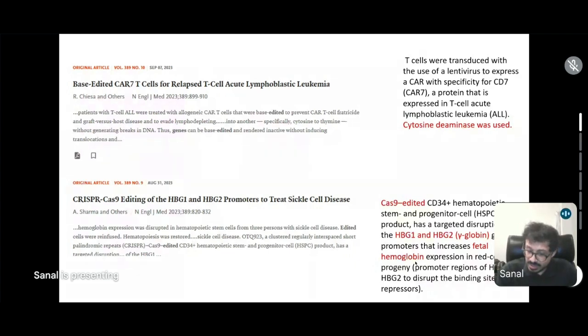If you disrupt the promoter, you will not have gene expression. But here, what you want is to increase the gene expression of fetal hemoglobin. You also know that there are elements in the promoter where repressors bind. Repressors, when they bind to the promoter elements, repress the gene. So if you remove or disrupt the repressor sites, gene expression will increase. That is another very clever strategy which was employed by this group in treating, sorry, in treating sickle cell disease.